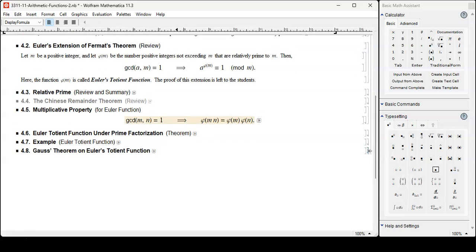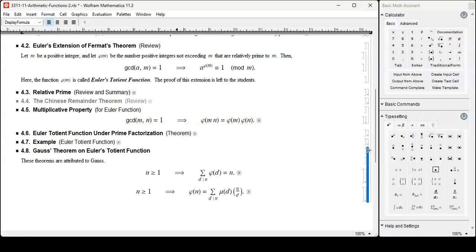Another thing that we have to do later in this section is this Gauss theorem on Euler Totient function right here. The summation of phi of d for every positive divisor d of n adds up to n itself. In other words, this summation of phi adds up to the identity function. And this is Gauss theorem on Euler Totient function.